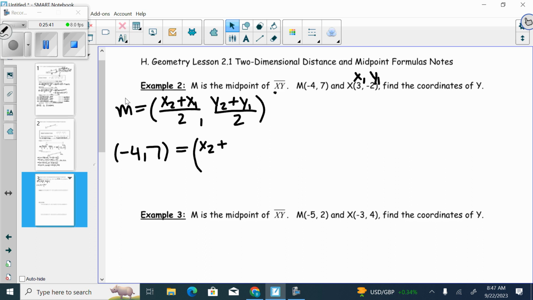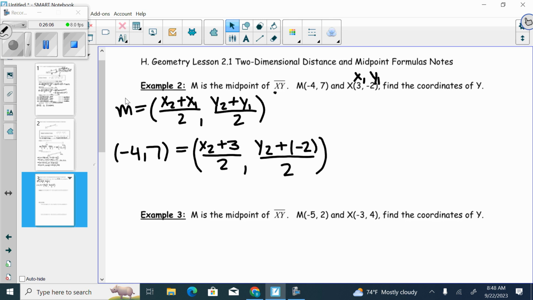But what can I replace x1 with? 3, all over 2. And then over here, I don't know y2, but I can replace y1 with -2, all over 2.